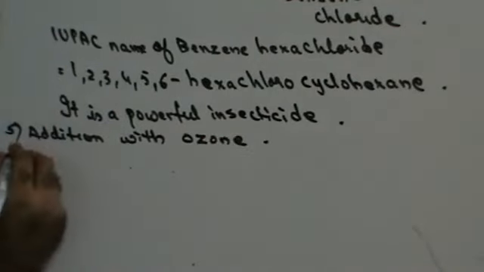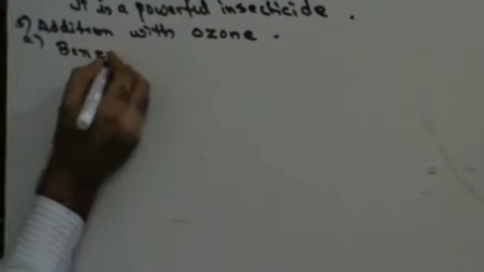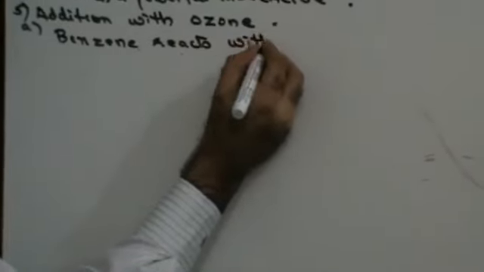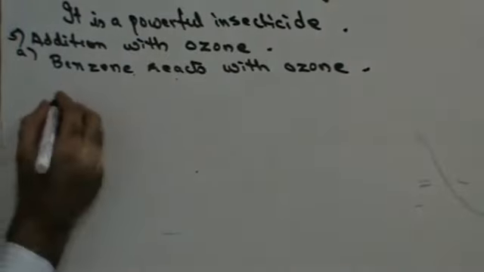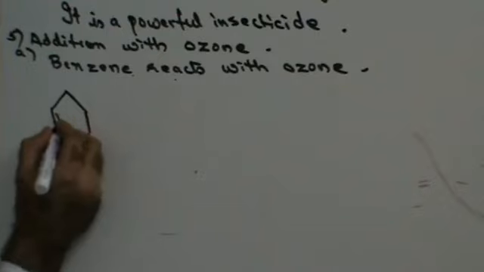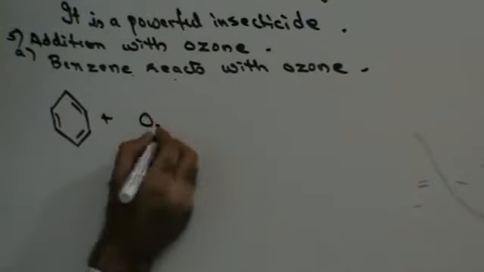What happens when benzene reacts with ozone? Benzene reacts with ozone. Let's draw the benzene ring first, with alternate single and double bonds, reacting with ozone.